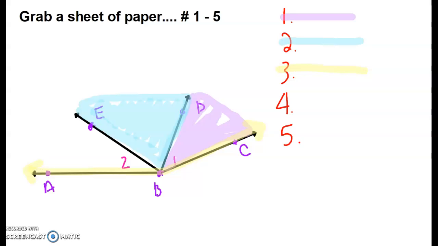Now again, there's more than one way you can label things, but remember, we look for numbers first, and then if we can't use the numbers when we have multiple angles together, we look for the three letters in the order that we draw the line.